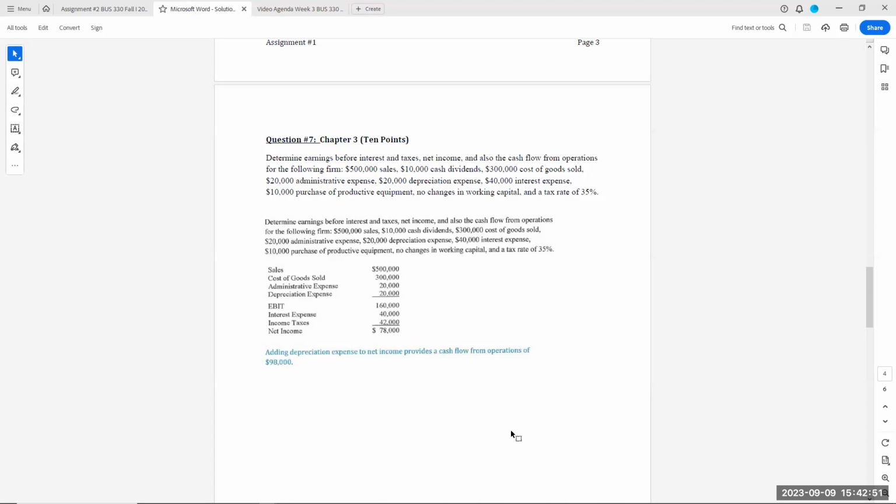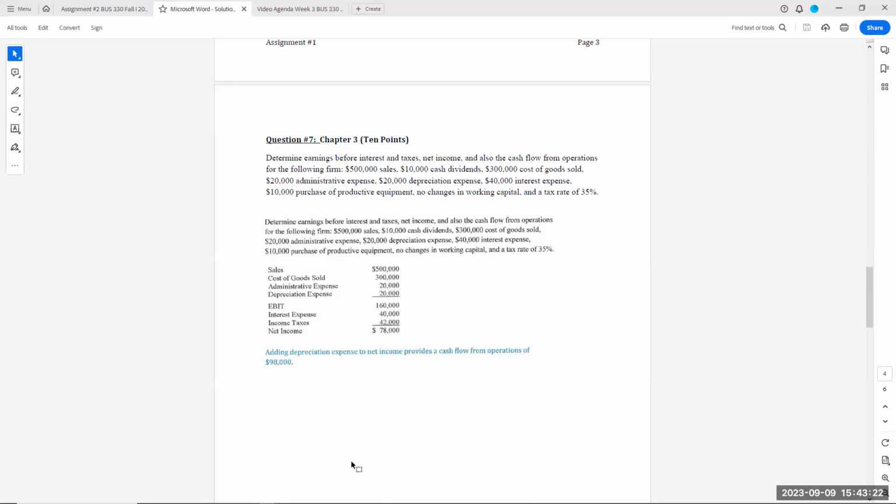Remember, cash flow from operations is made up of net income, depreciation, and changes in working capital: accounts receivable, inventory, accounts payable, and accruals. So in this case, with no changes in working capital, cash flow from operations is definitely net income of $78,000 plus depreciation of $20,000 to get a cash flow from operations of $98,000.